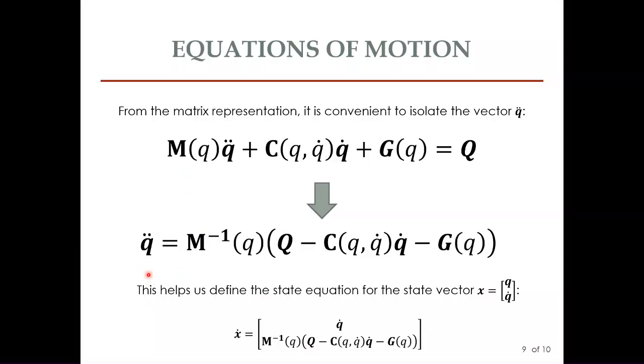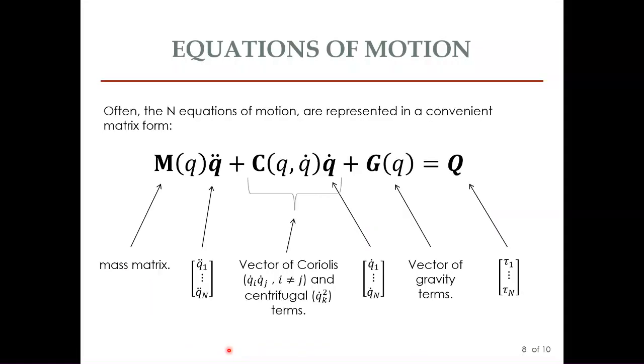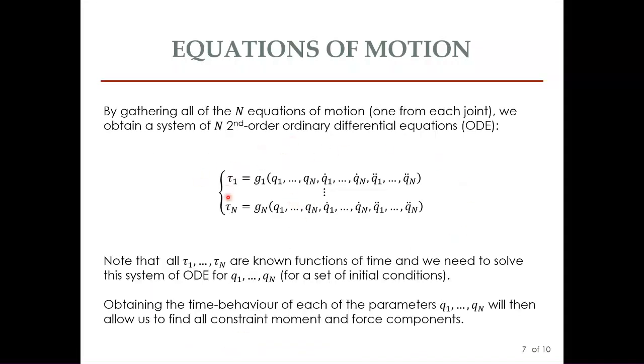So essentially you want to isolate the Q double dots so that you can solve the system as a set of first-order differential equations. Because in this form, this is a set of n second-order ODE, ordinary differential equations.